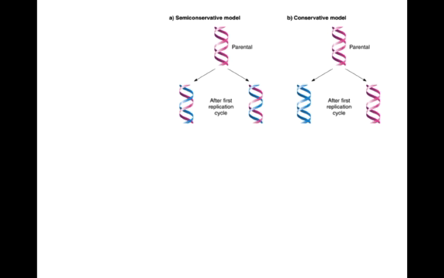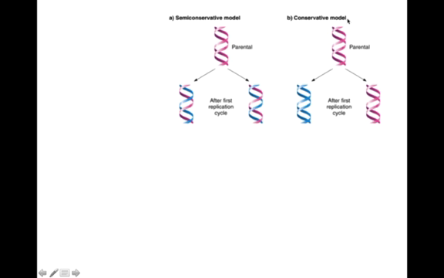One was that it was semi-conservative. If you think about the word, semi is half, like a semicircle. Conservative means to save. So semi-conservative, half saved. And if we look here, we have a parent DNA molecule, an original molecule, and then it copies itself, and we end up with two molecules that are half old and half new.